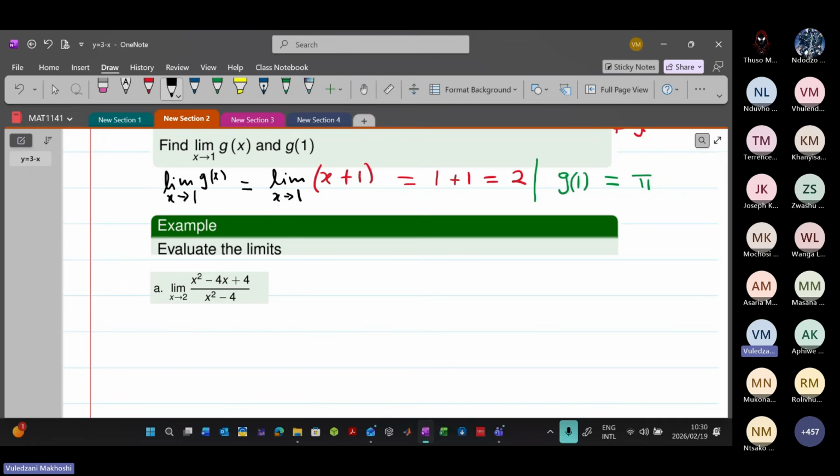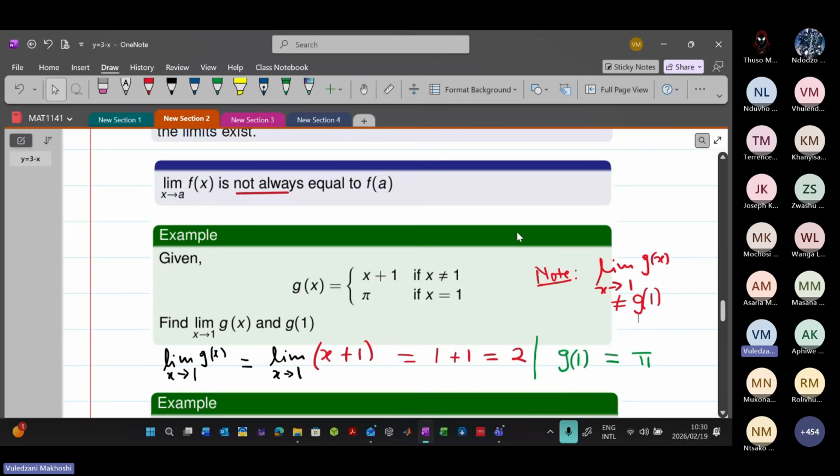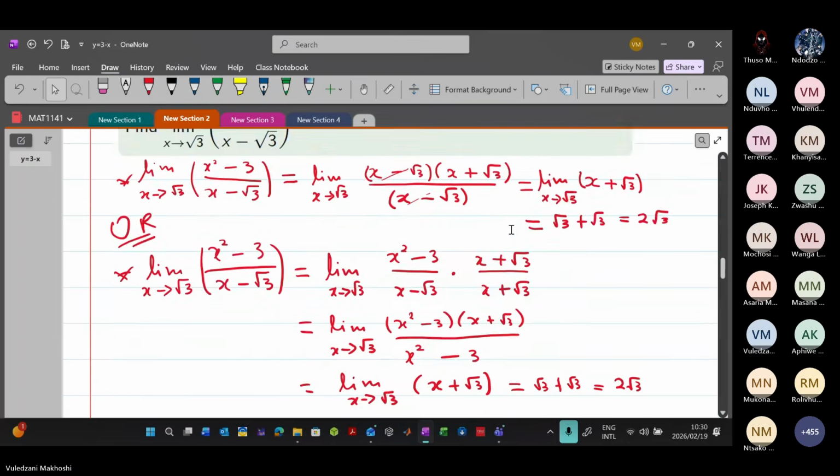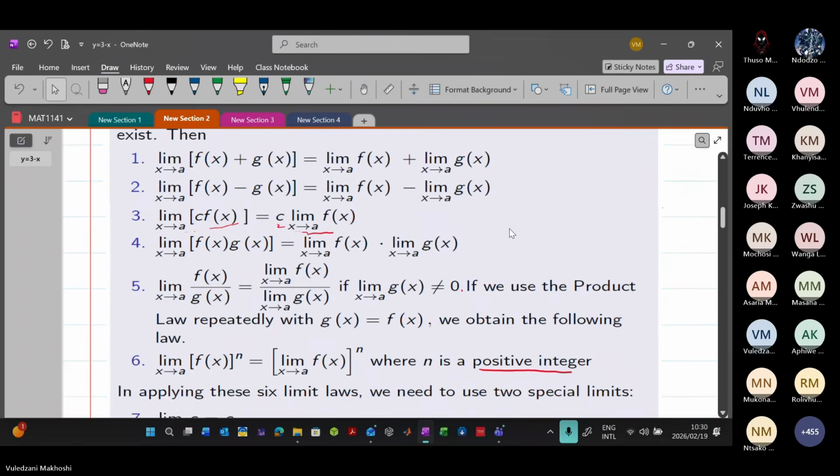If maybe you talk of limit laws, you try to find the limit of the top over the limit of the bottom, if you try to use number 5, if you just go straight away, then you will have a problem here, because in this case, the limit of the denominator is equal to 0.